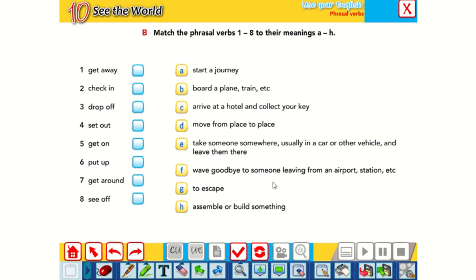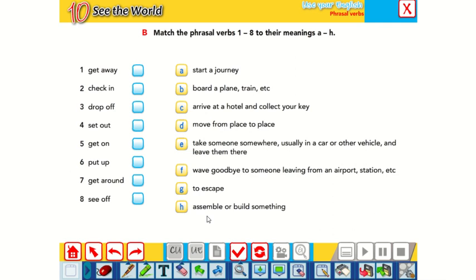F, wave goodbye to someone leaving from an airport, station, etc., to say goodbye to someone if they want to leave the country to another country. G, to escape. H, assemble or build something. So these are all the definitions. Assemble here means to collect, to get together or build something, right?